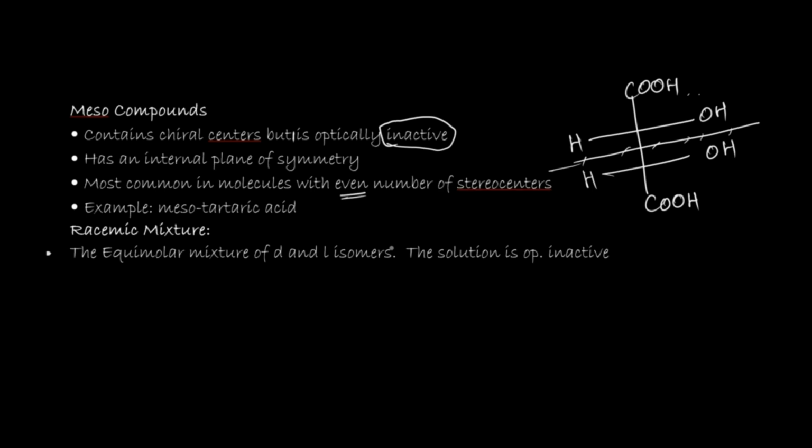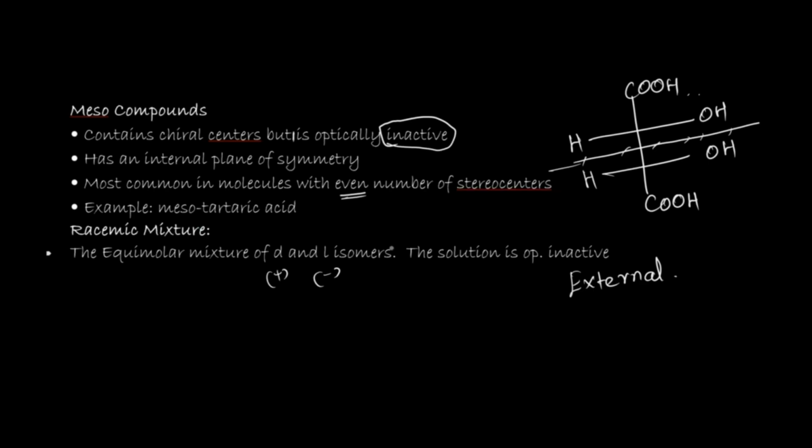Okay, and what will happen to the optical activity? It will become optically inactive because of external compensation, which means the D isomer is the plus isomer that rotates plane polarized light to one side, and the L isomer is the minus isomer that rotates it to the other side, which will cancel out each other, right?